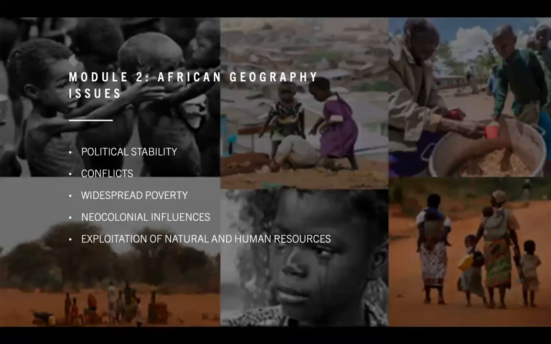Now, in terms of human geography, we'll end with the lot of issues that the continent and its populations are facing, and these will be further elaborated as we go near the end of the semester.